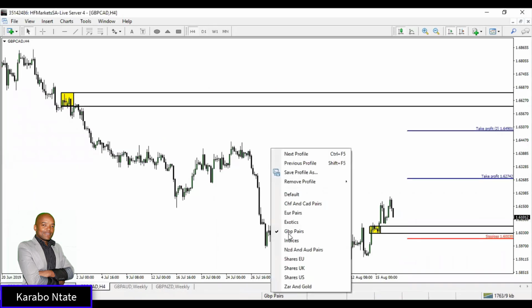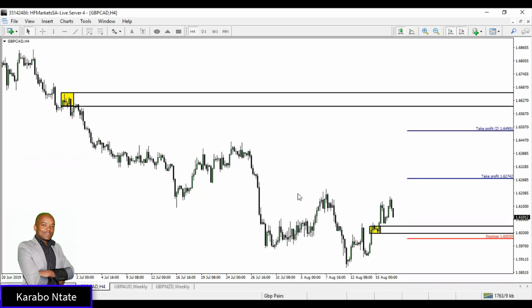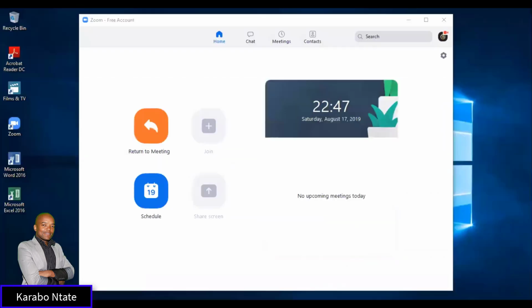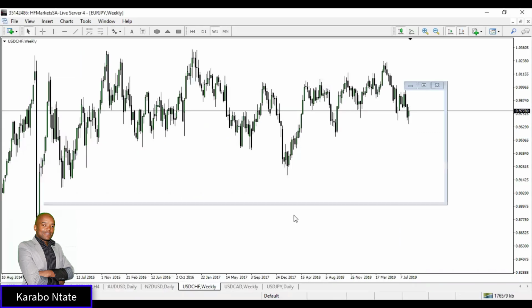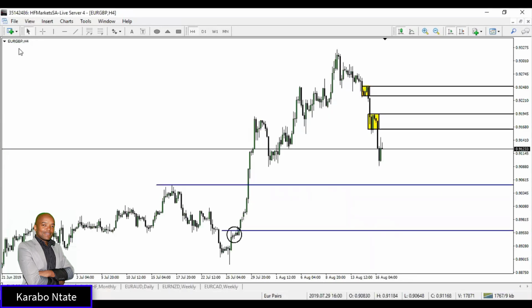Now this is similar to the EURGBP. I am also looking for shorting opportunities on the EURGBP. So there is that nice correlation between the two. If the GBPCAD goes up, we might expect a further decline on the EURGBP.